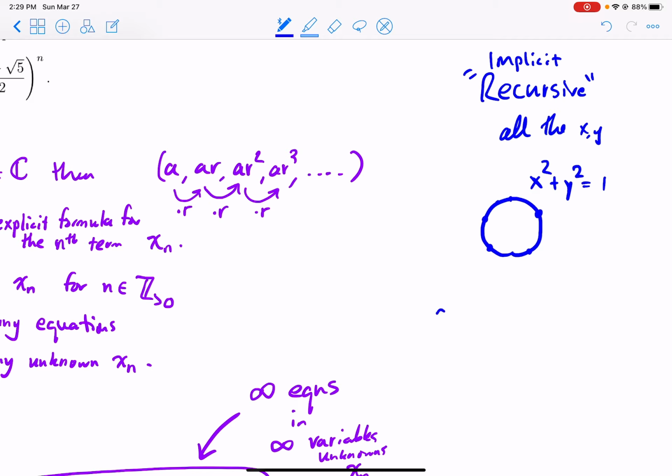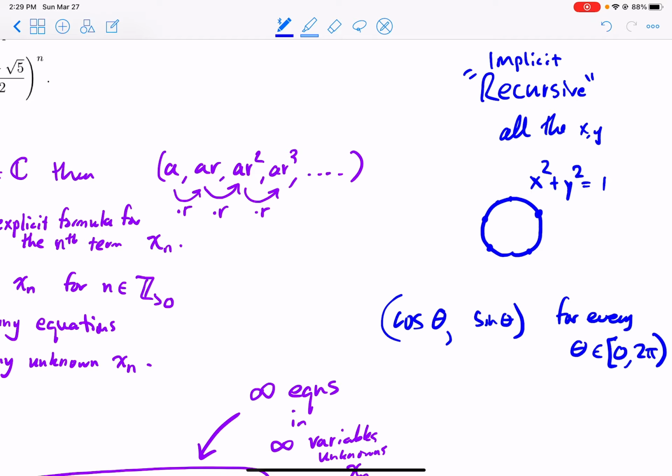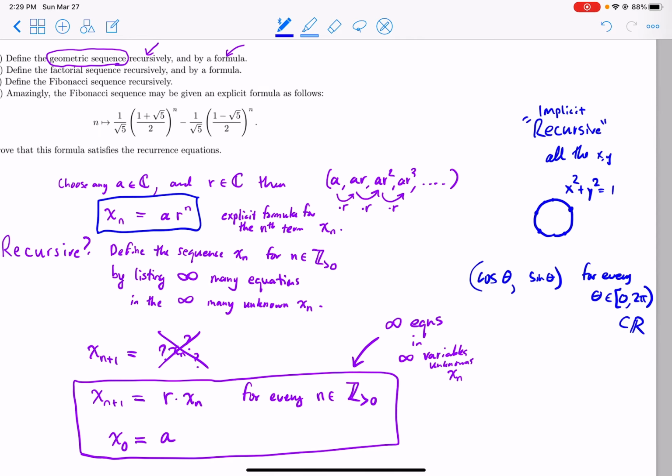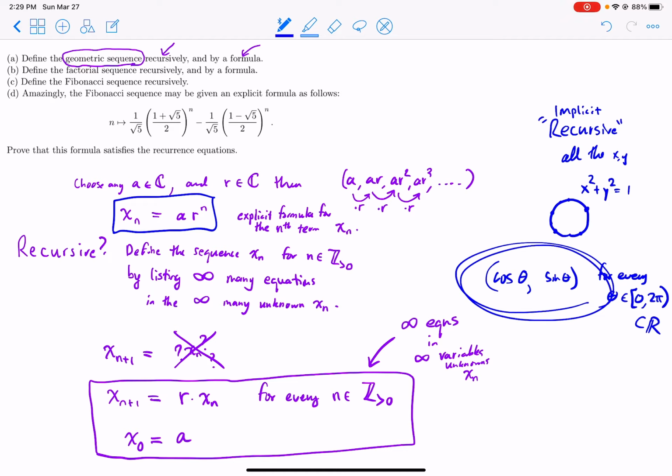Whereas if I say cos theta comma sine theta for every theta in 0 to 2 pi, a subset of the real numbers, this is explicit. So here's an explicit formula for infinitely many points on the circle.